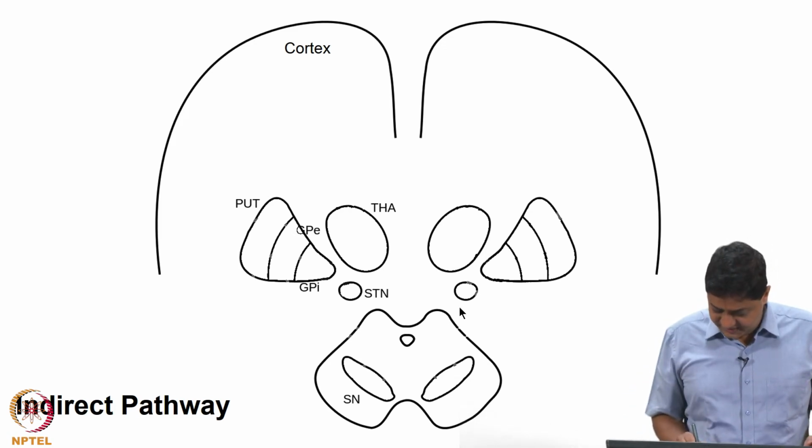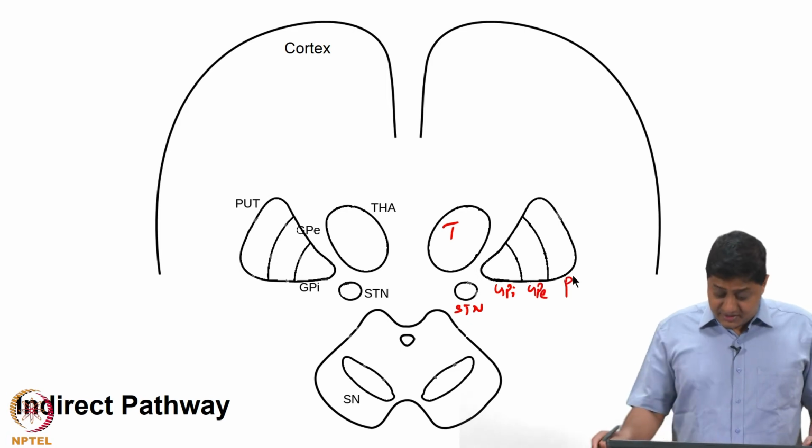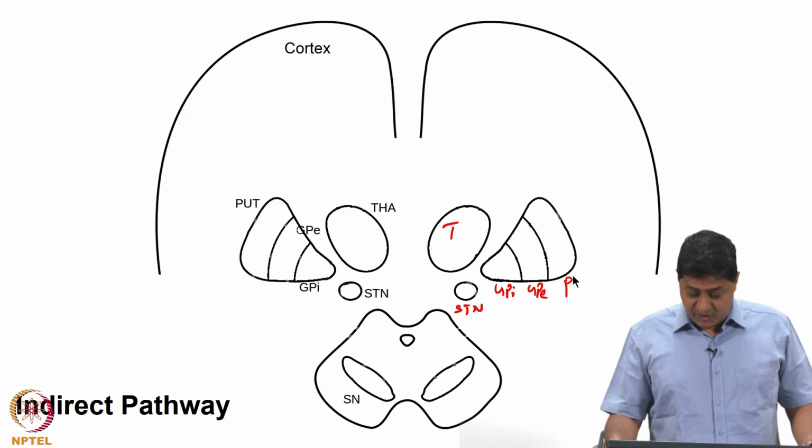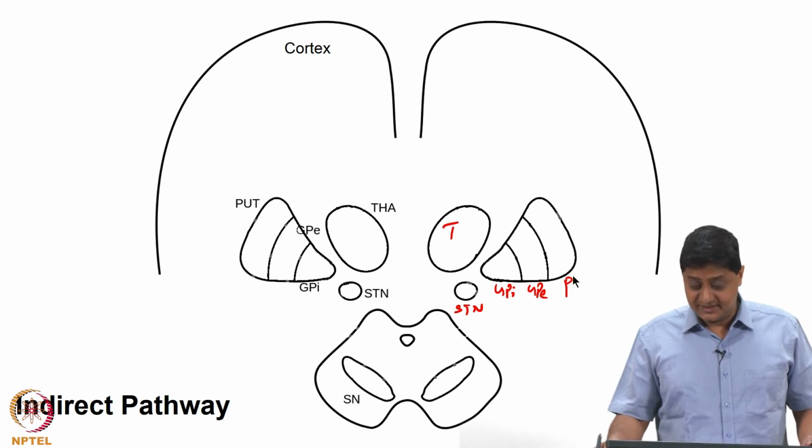Let us remember, so this is the subthalamic nucleus, this is the thalamus, this is the globus pallidus internal, and this is the globus pallidus external, and this is the putamen, right. So, in this case what we saw is that the subthalamic nucleus excites the globus pallidus internal.